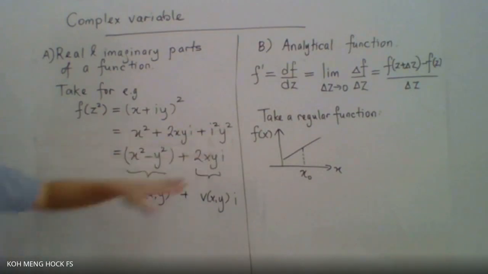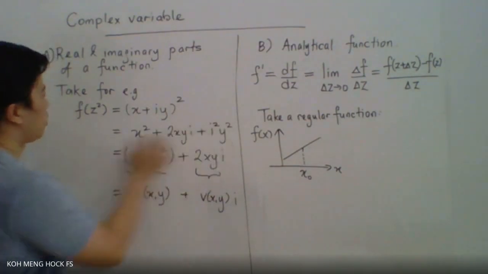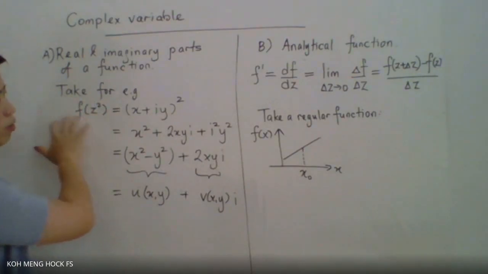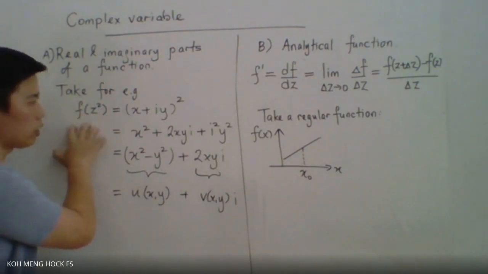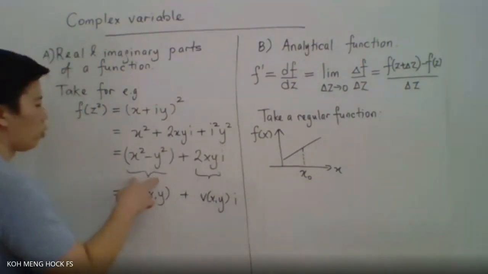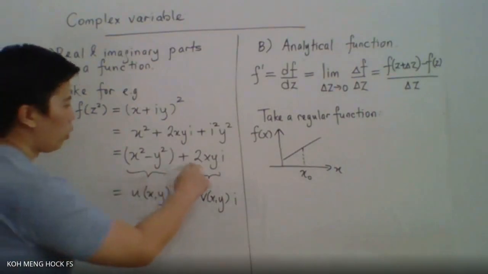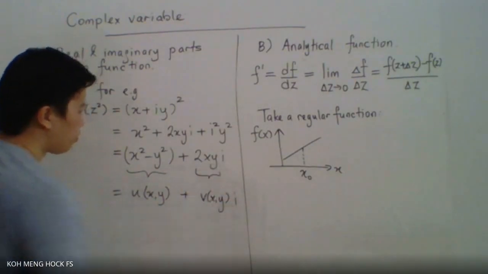Here you know i squared is equal to -1. So x squared minus y squared is going to be the real part of this complex function, and 2xyi is the imaginary part.